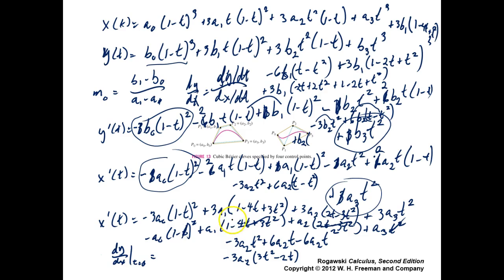That term goes away, and the rest of them do. Okay. So that's a minus a0. Oh, okay. This is b0 plus b1 over minus a0 plus a1. Okay. And that's exactly what they get, except they reverse the signs, which is fine.